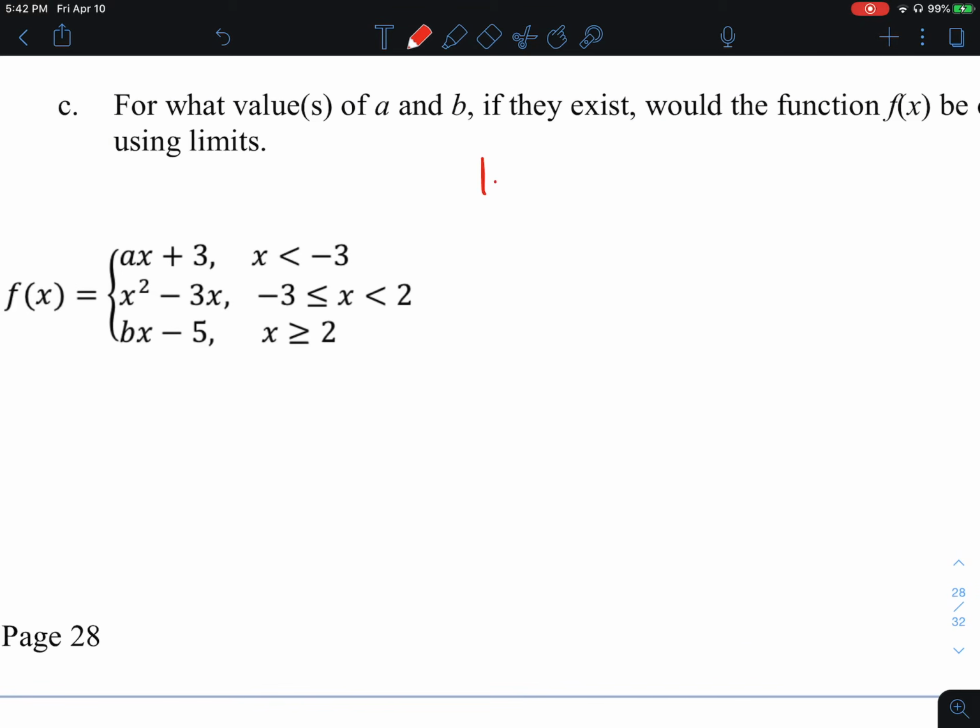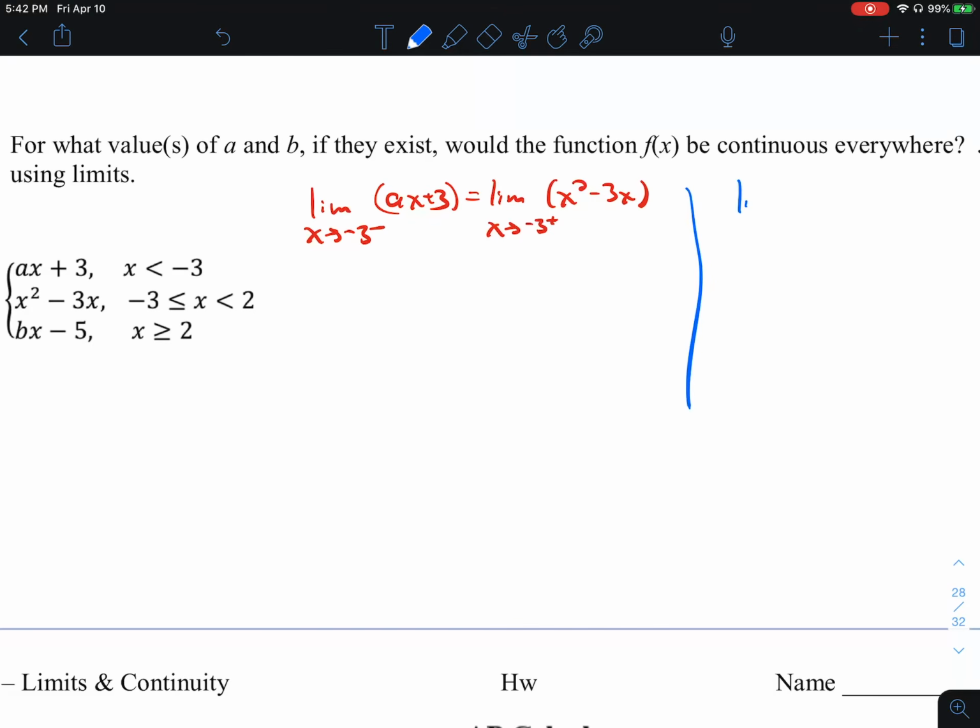So the limit as x approaches -3 from the left, which is ax plus 3, would have to equal the limit as x approaches -3 from the right of x squared minus 3x.